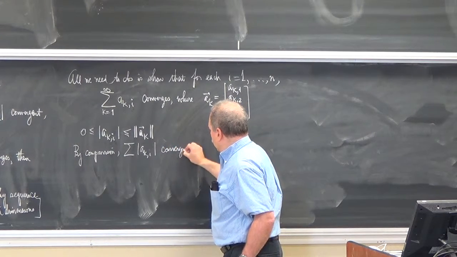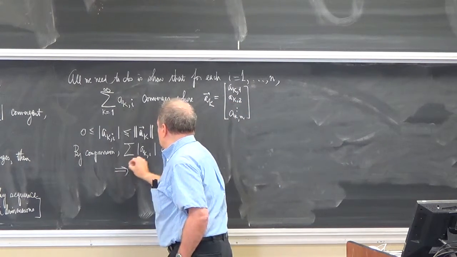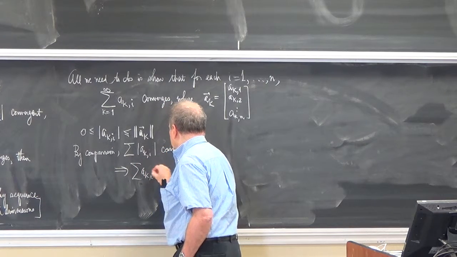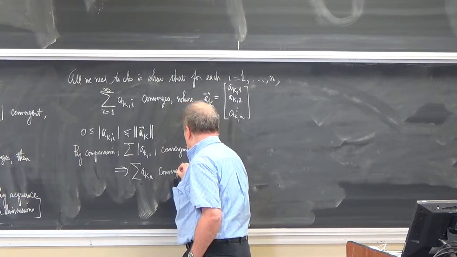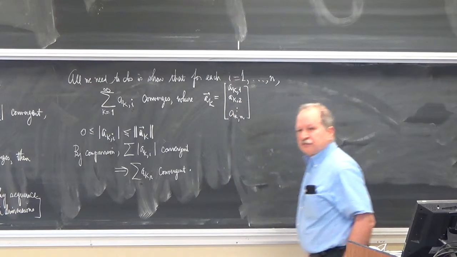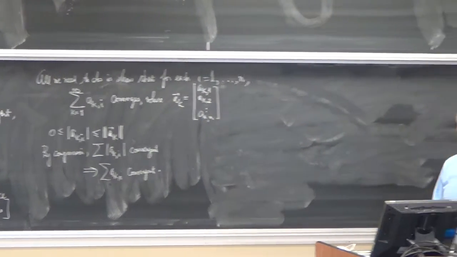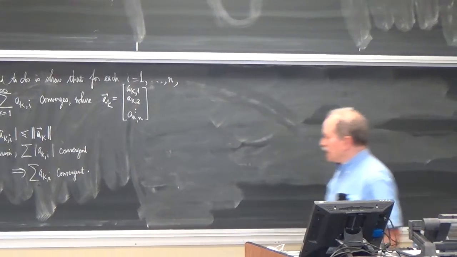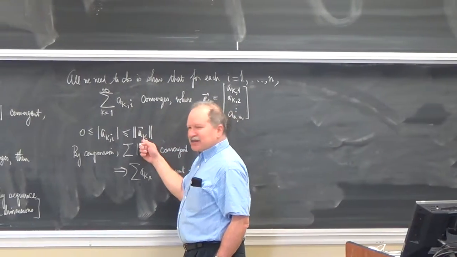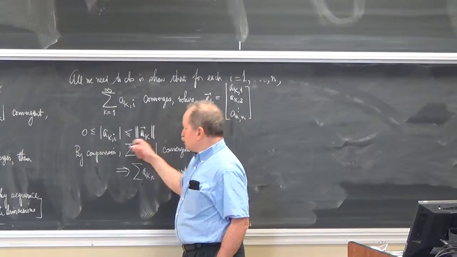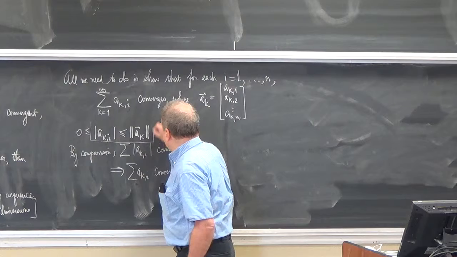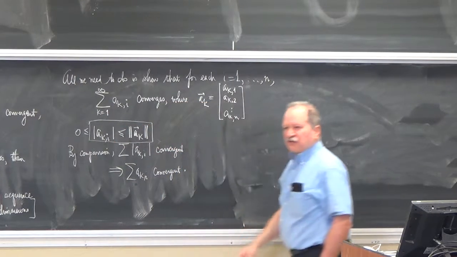So by what we proved, the series without the absolute value signs converges. And so we're done. Everybody okay with that? So the key thing is that knowing that the sum of the lengths of the vectors is convergent means that component by component you're convergent.